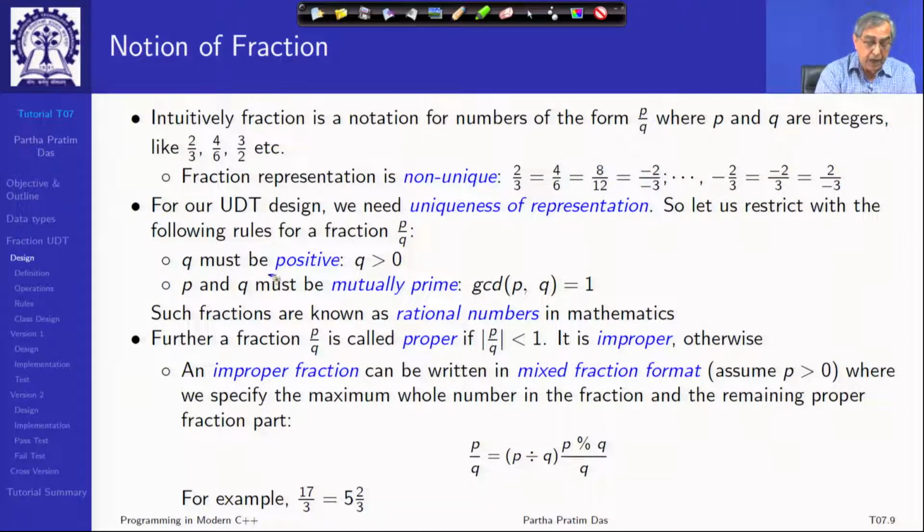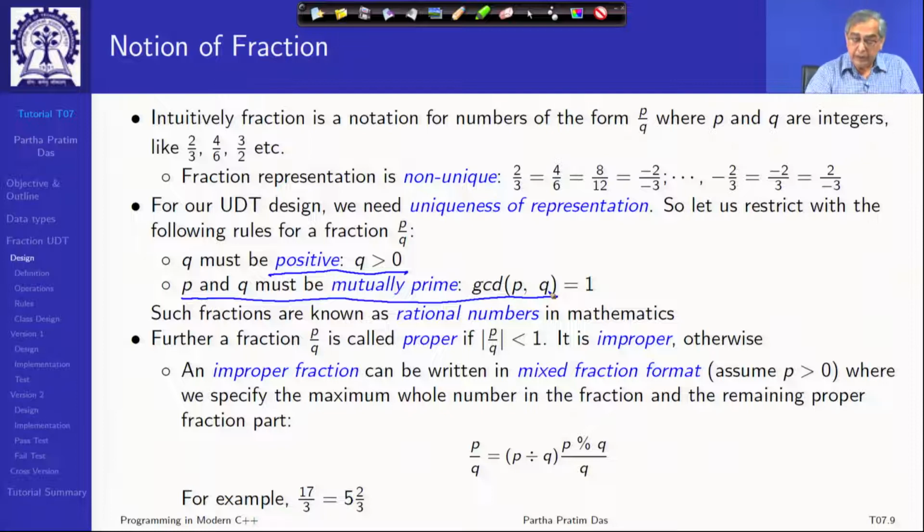One is, out of p and q, we make q necessarily positive, that is, the denominator cannot be a negative number. This is the assumption we make, and we make that p and q must be mutually prime, that is, the greatest common divisor GCD of p and q must be 1.